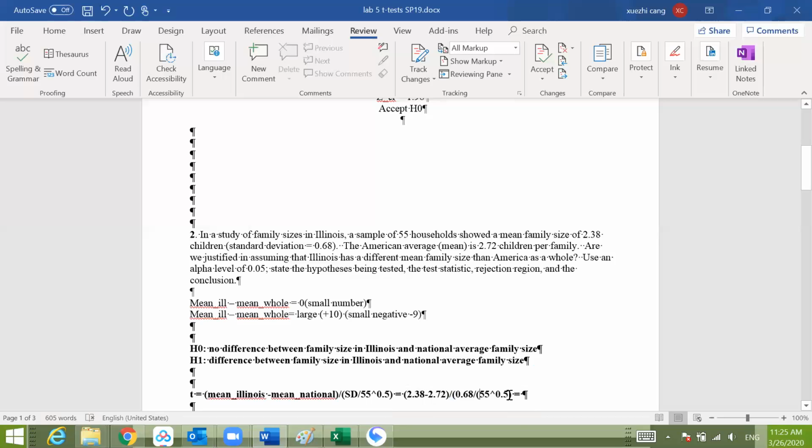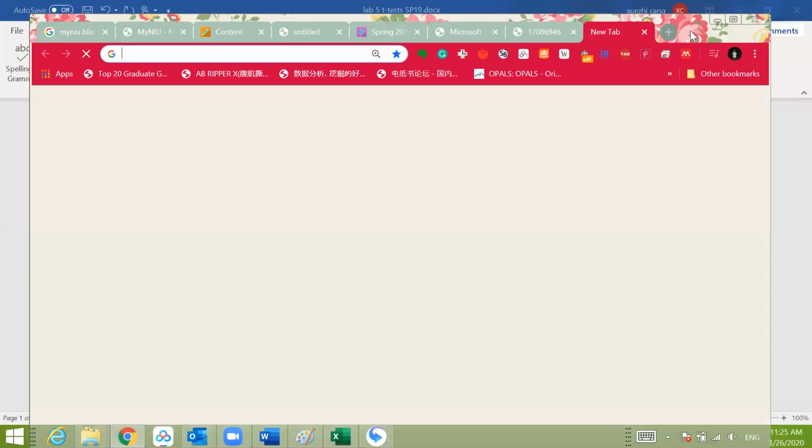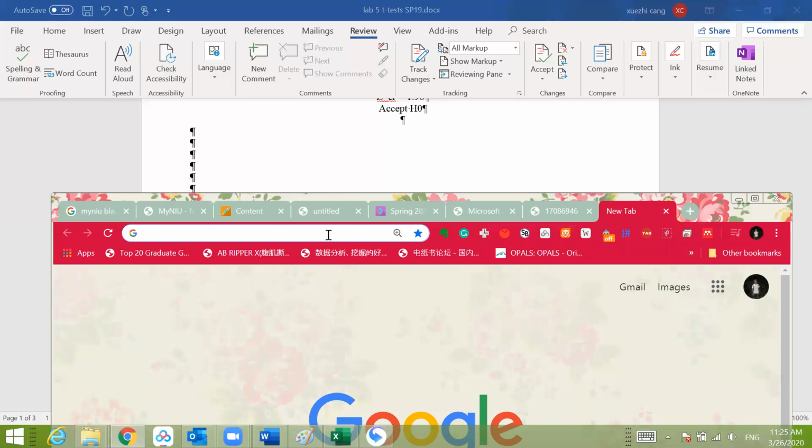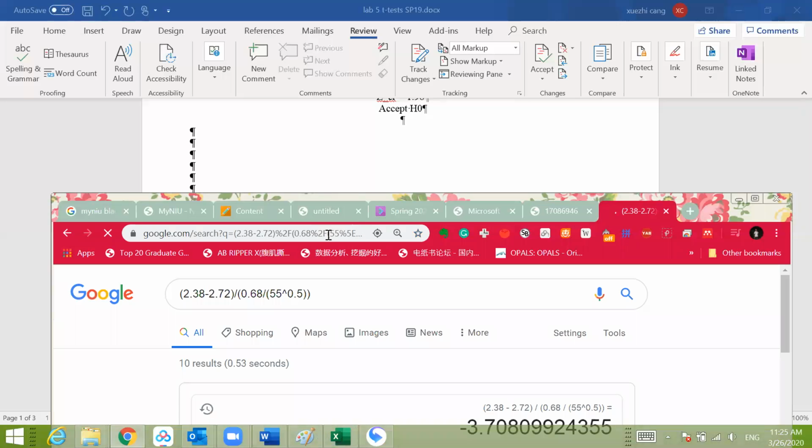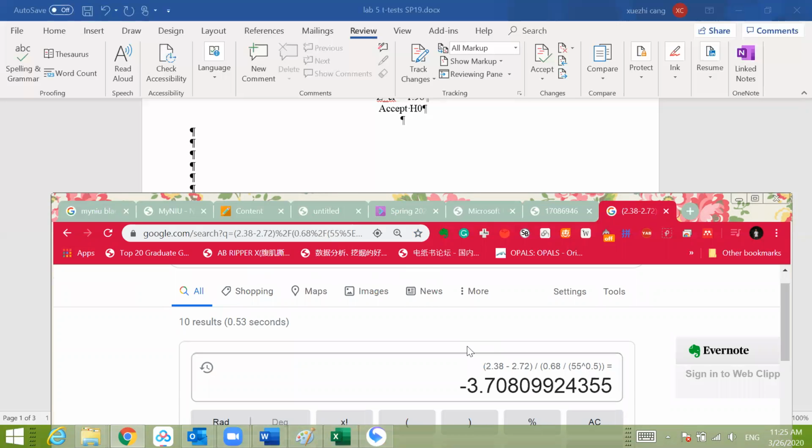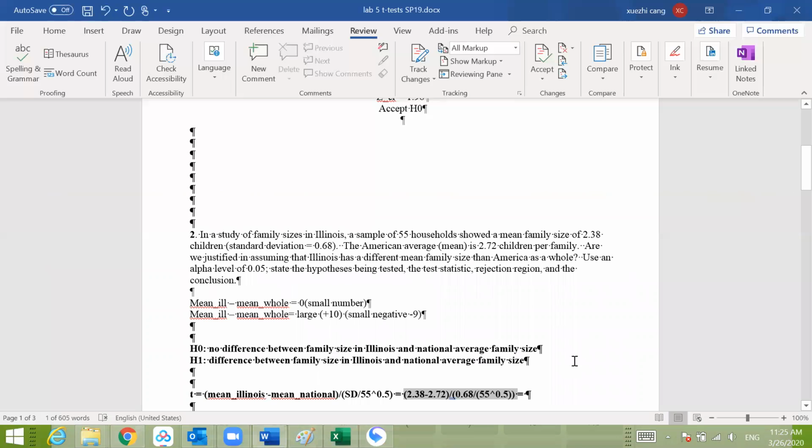You can use your calculator to get the result. Here I just use one simple way. I put the equation into Google, then Google will tell you the result. The result is minus 3.70.